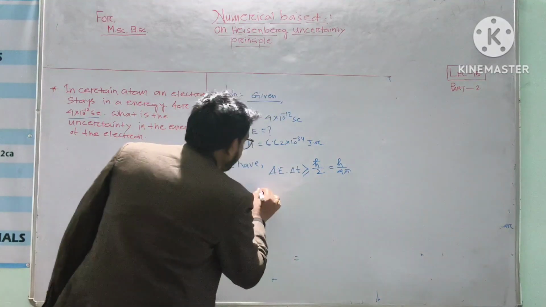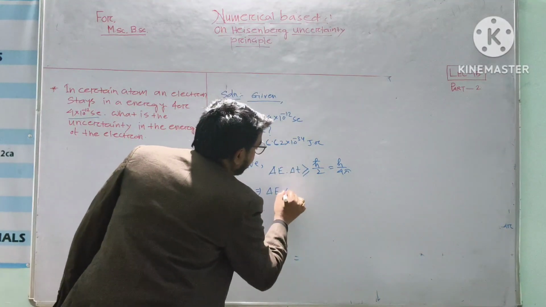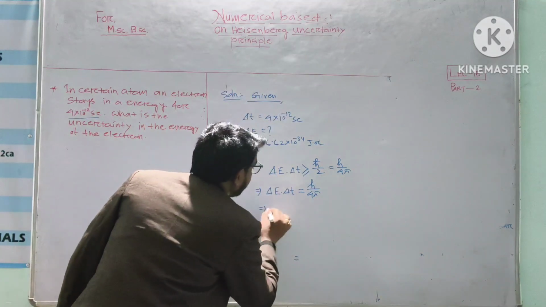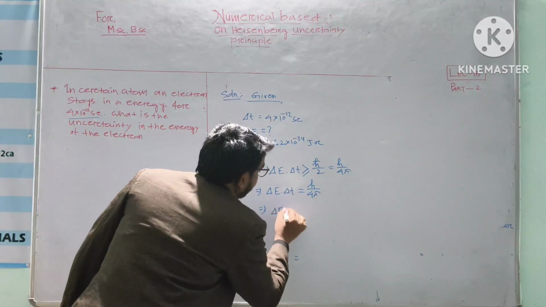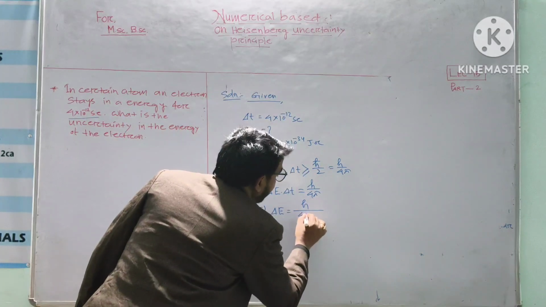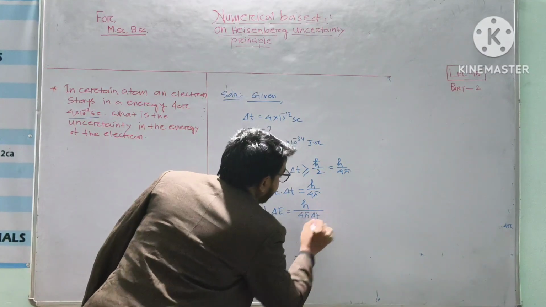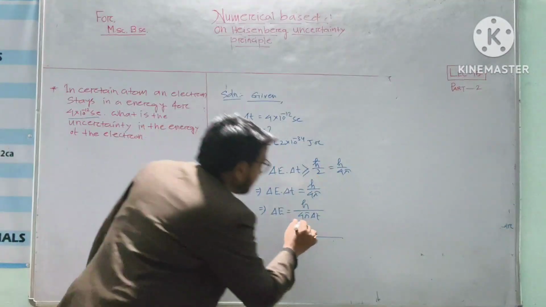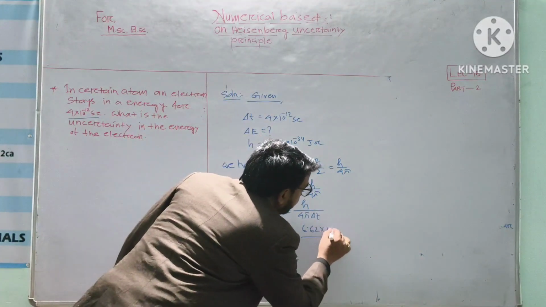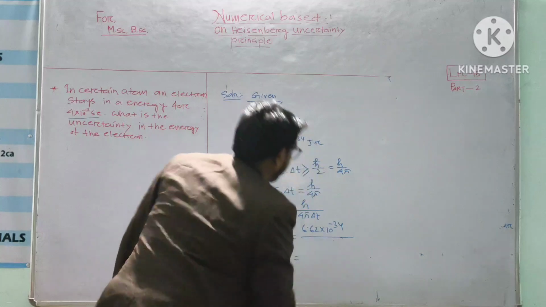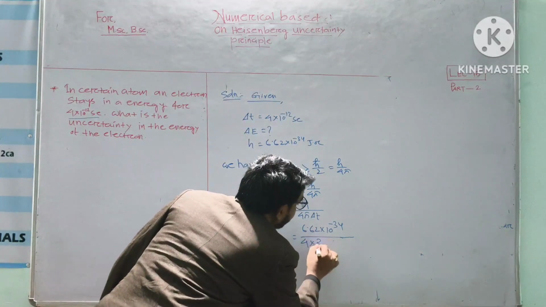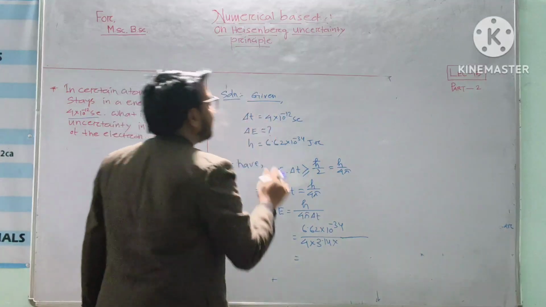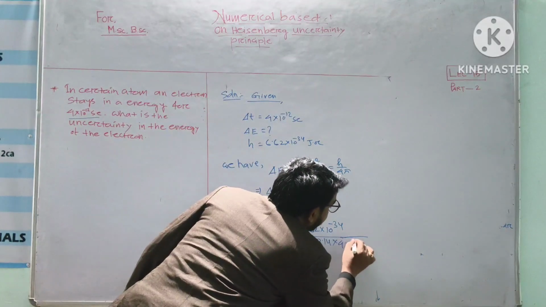Taking the equality, delta E equals h divided by 4 pi into delta T. Now the value of h is 6.62 into 10 to the power minus 34 joule second, pi is 3.14, and delta T is 4 into 10 to the power minus 12.